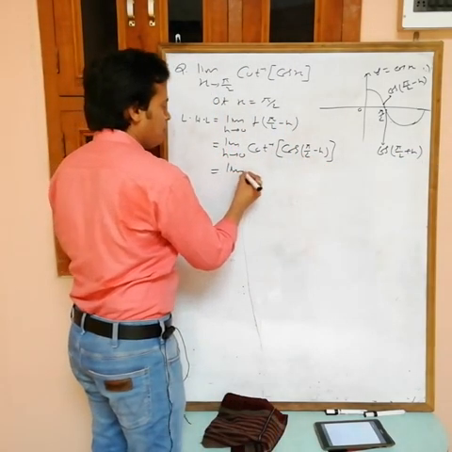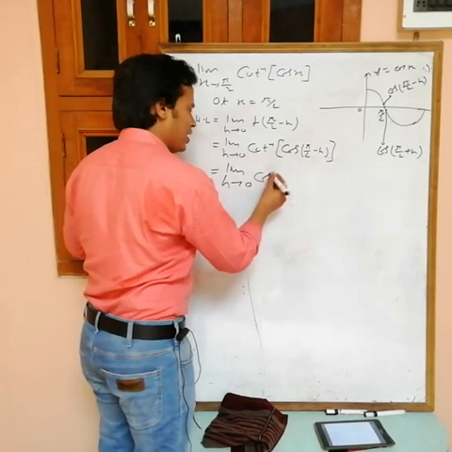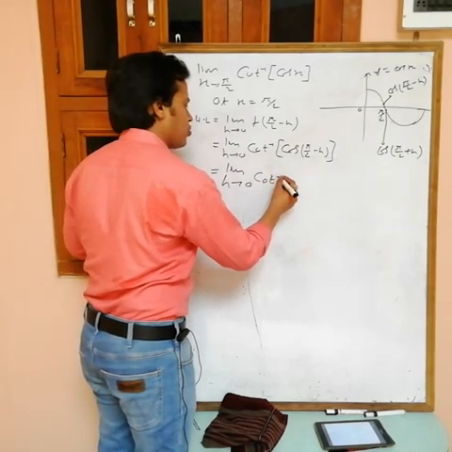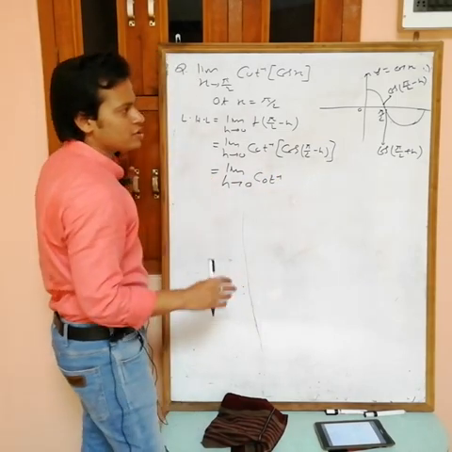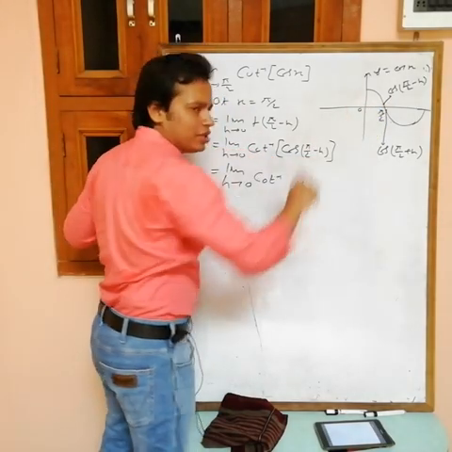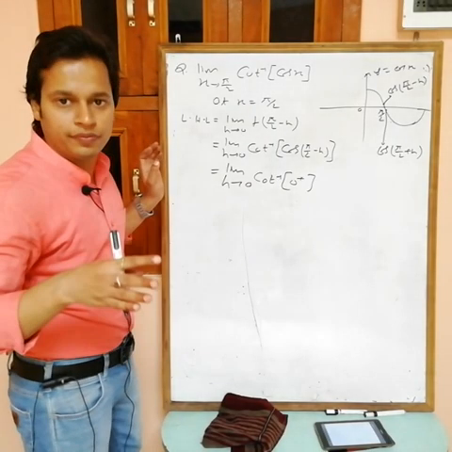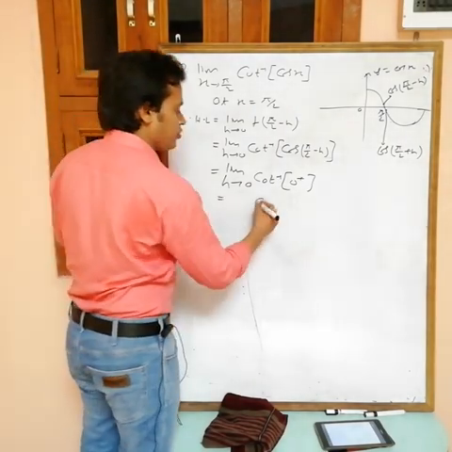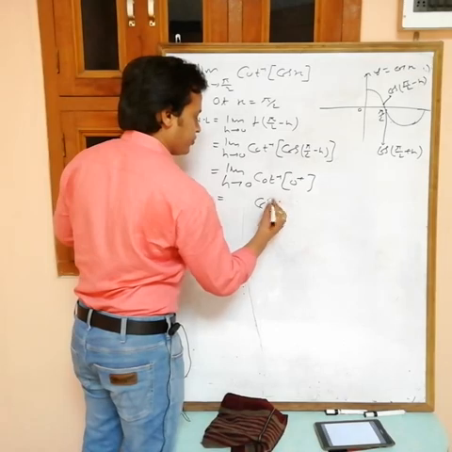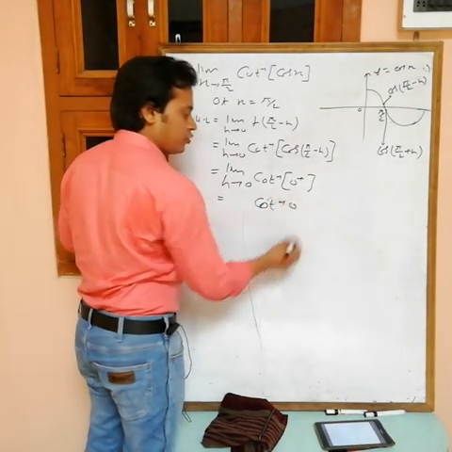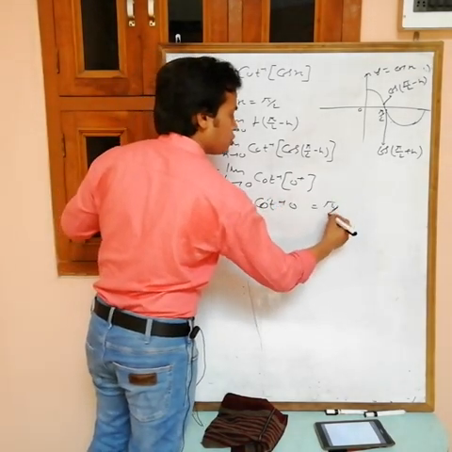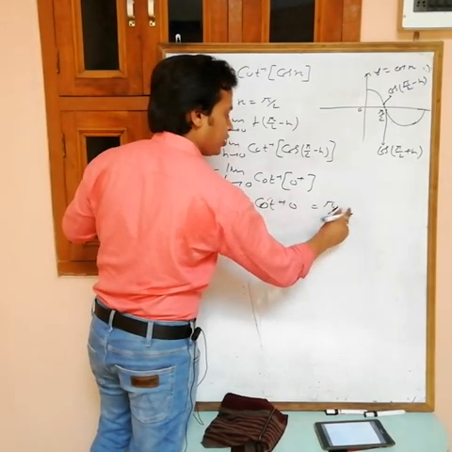Because there is a greatest integer, minor values matter. Cot inverse of the greatest integer of cos of pi by 2 minus h: this one is just greater than 0, you can say 0 plus, suppose 0.001. The greatest integer of 0.001 is 0, and cot inverse 0 is equal to pi by 2, because cot pi by 2 is equal to 0.